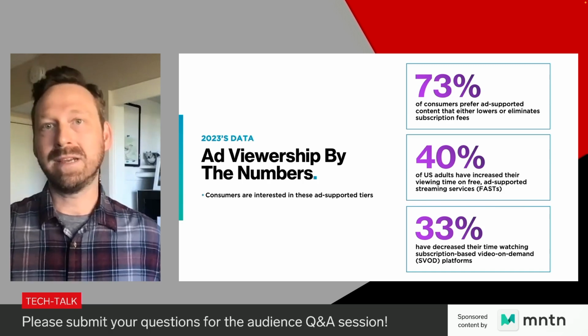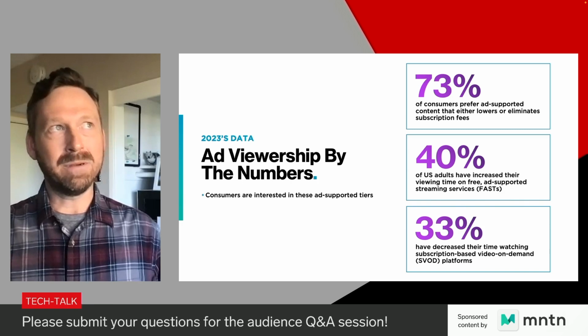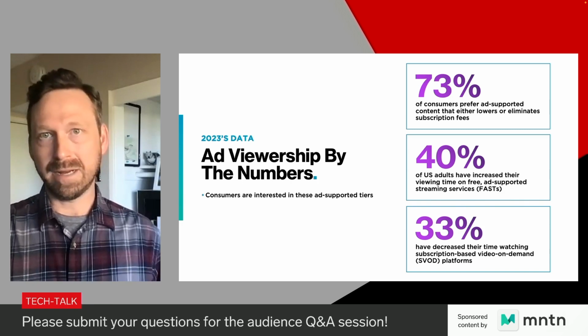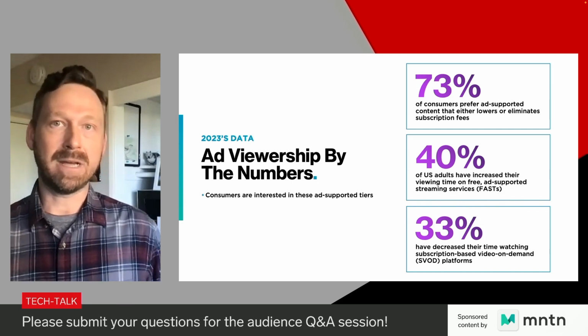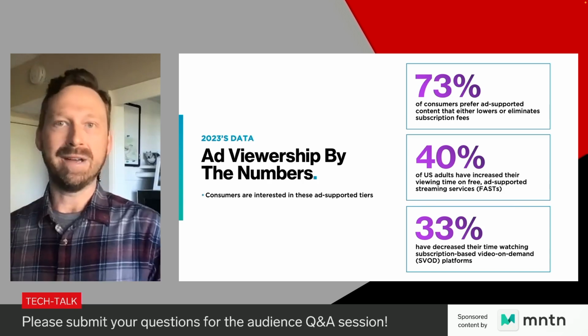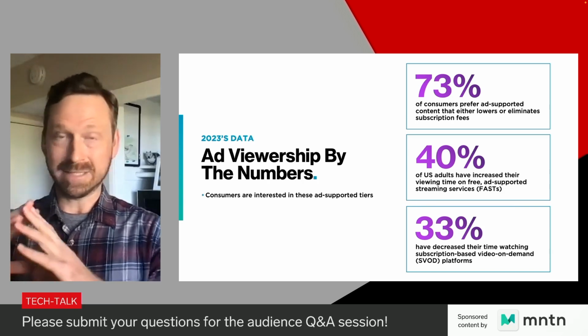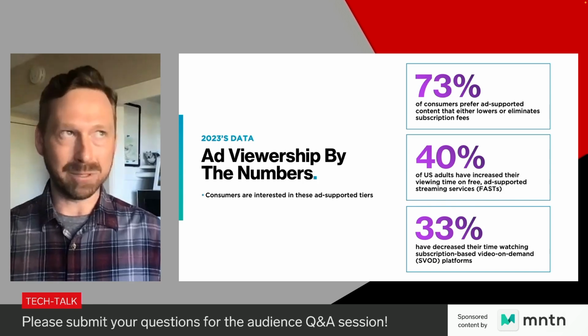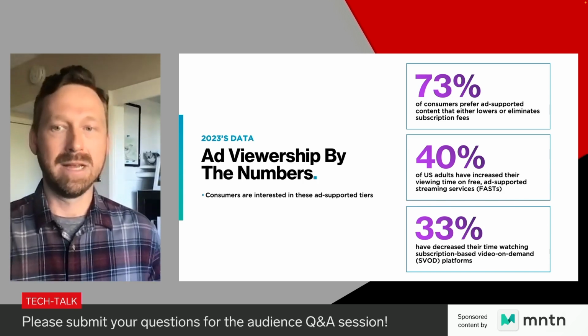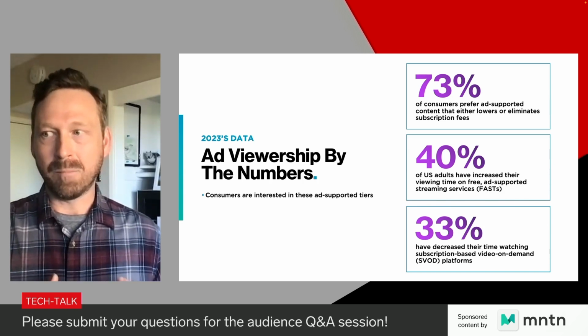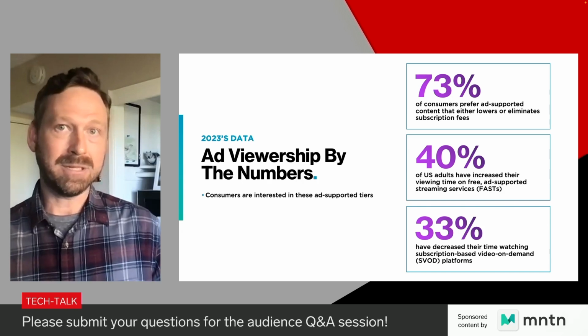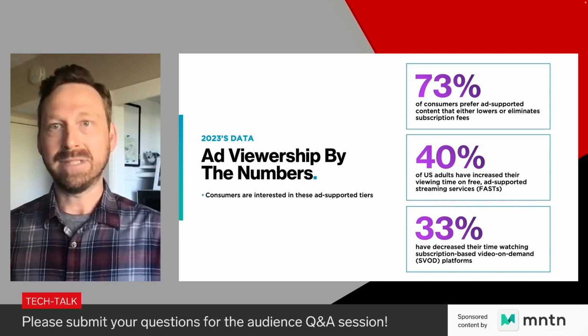And that's just because there's a ton of options now. If you are subscribing to one CTV network, one streaming network, you're missing out on a lot of content that's out there because it is scattered across the landscape. You have so many different players in the space. And with more affordable ad tier options, consumers are naturally going to gravitate towards those.